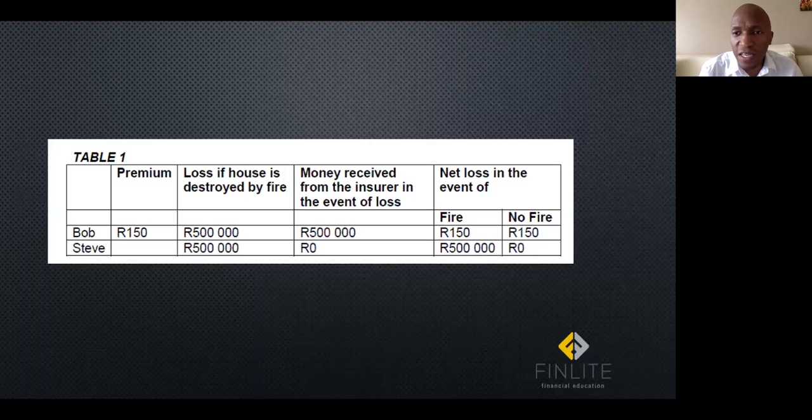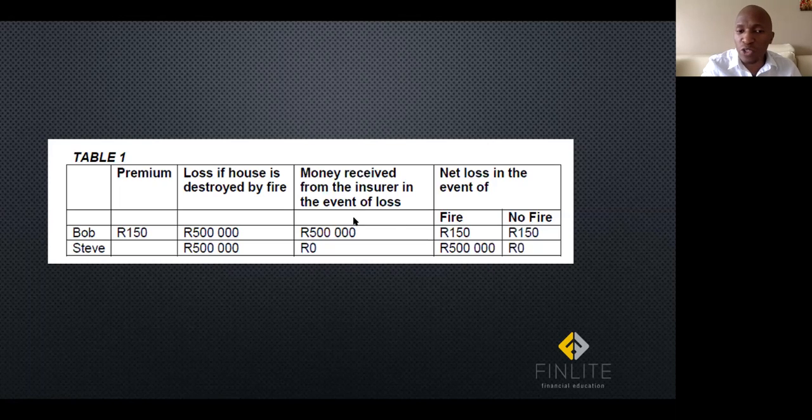So let's look at an example. Bob is paying a premium of 150, and that 150 covers for the loss of a house. If it's destroyed by fire, the person will be covered for 500,000.